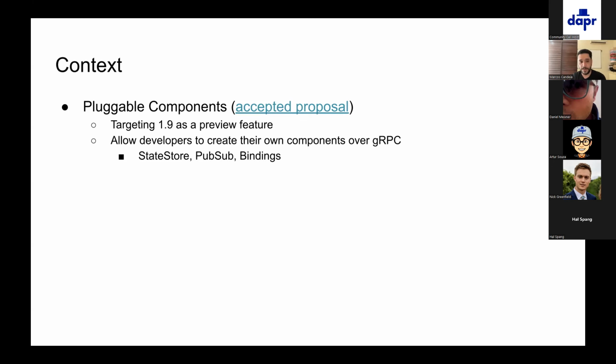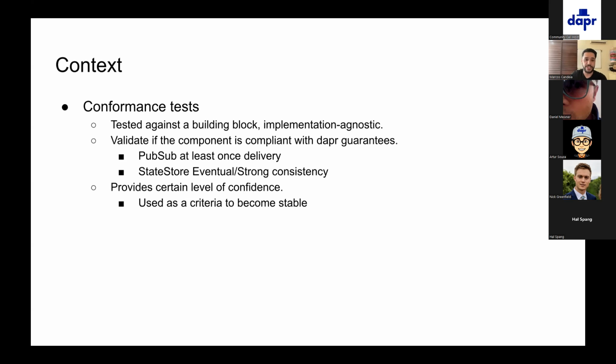And when I say components, for the next 1.9 release, we have support for state store, pub sub, and bindings probably. So pluggable components allow developers to create their own components, right? So how can we ensure the same properties that we have been ensuring for the components contrib repository?